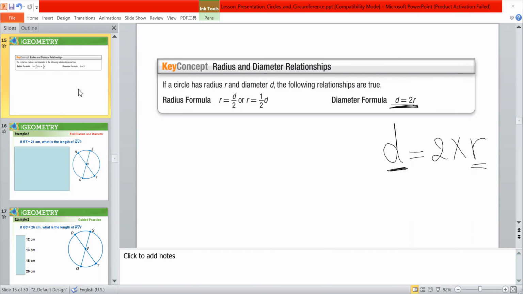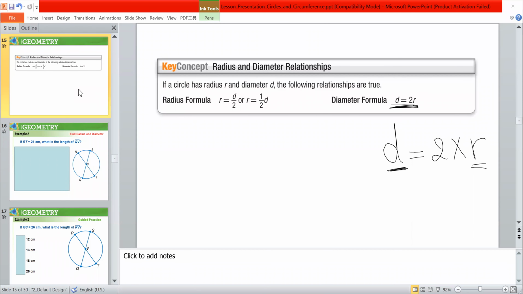Okay, let's go to our examples directly. Okay, Mishari, if RT is 21 centimeters, what about the length of QV? 21 divided by 2. Because RT represents what? Diameter. And QV represents what? Radius.